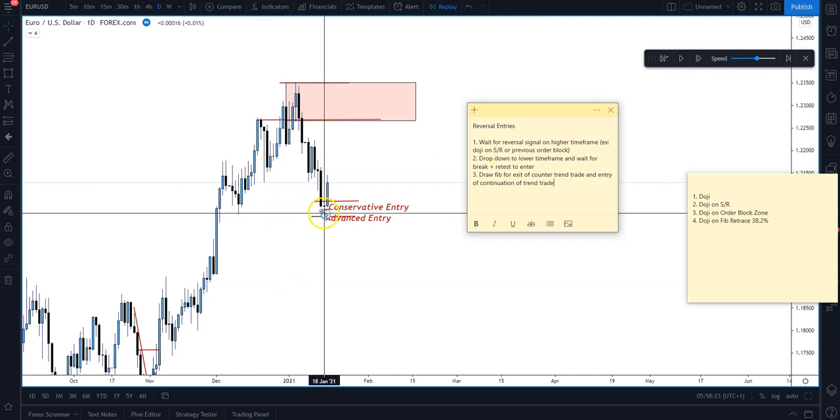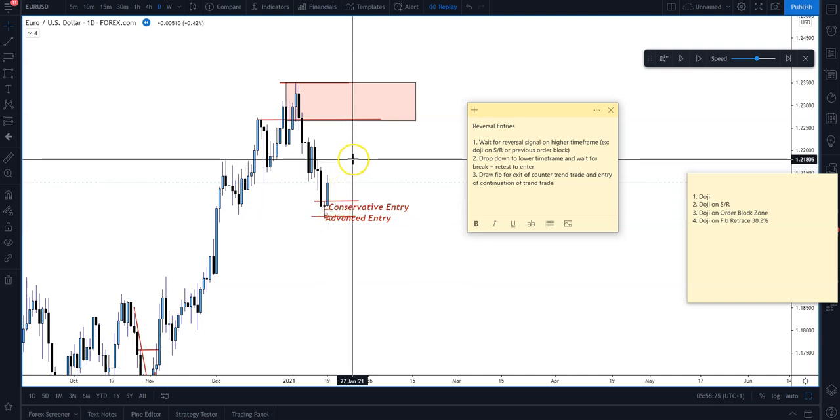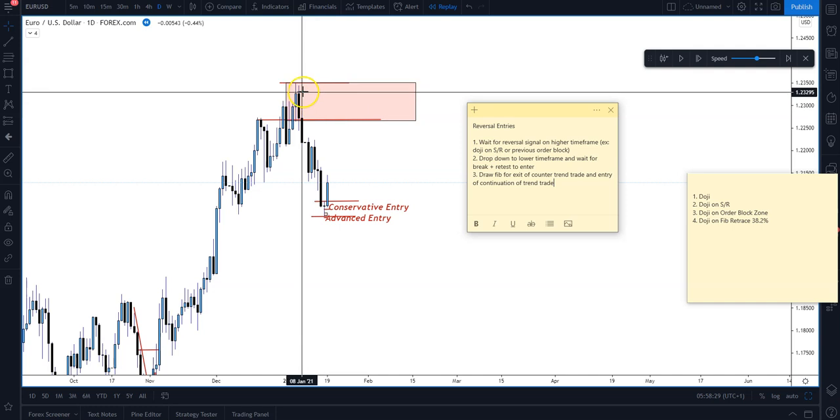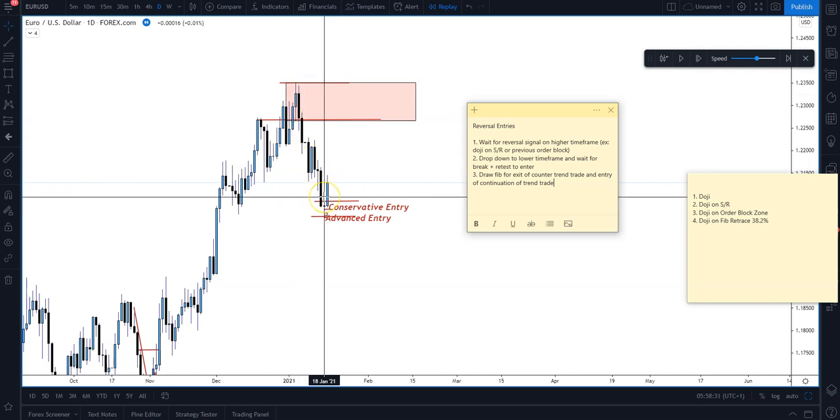So us having a buy trade here is a counter trend trade. It's going against the actual trend. If you are new to trading, don't trade counter trend trades yet. If you feel like you're ready, keep watching this video so you can understand how to do it properly.